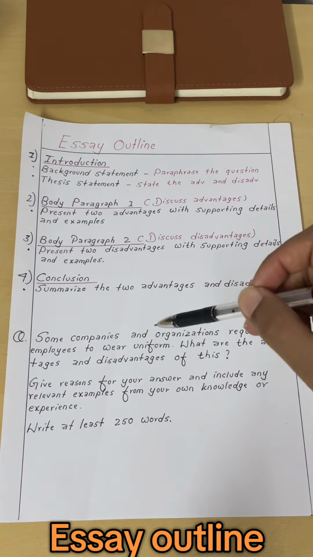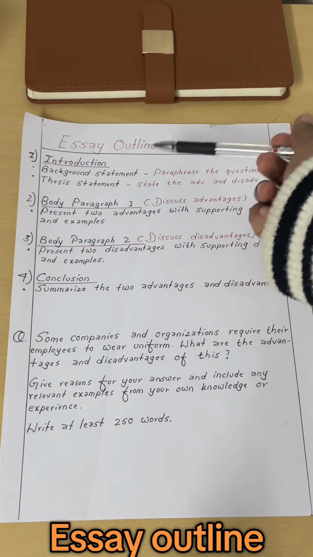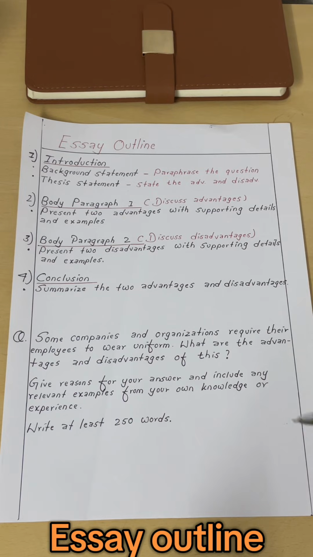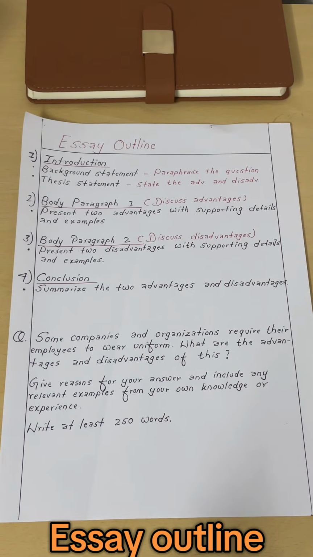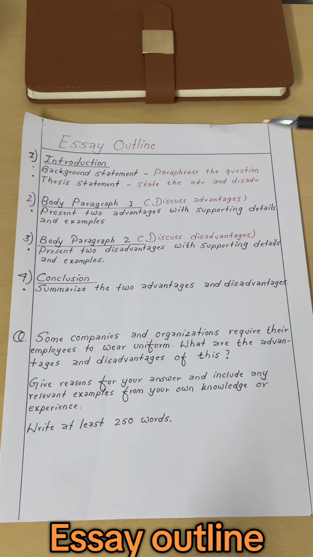For this type of question, I have written an essay outline. You have an introduction, body paragraph 1, body paragraph 2, and a conclusion. In the introduction, you write a background statement, which means you have to paraphrase the question. Then you write a thesis statement, where you state the advantages and disadvantages.